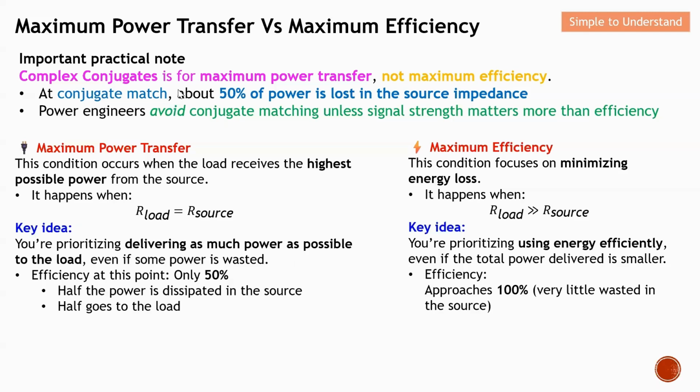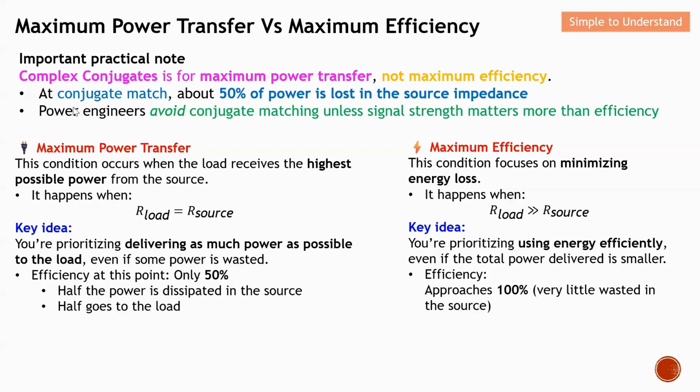Let me explain the key difference between maximum power transfer and maximum efficiency. This, in fact, is a very important practical concept. When we achieve complex conjugate, we want maximum power transfer. However, maximum power transfer and maximum efficiency do not exist together.